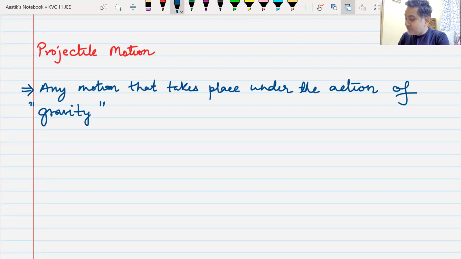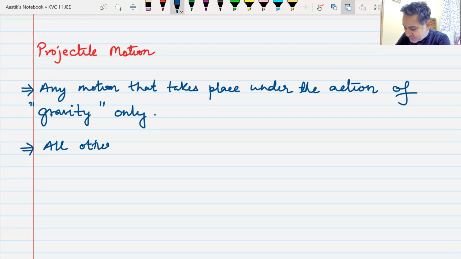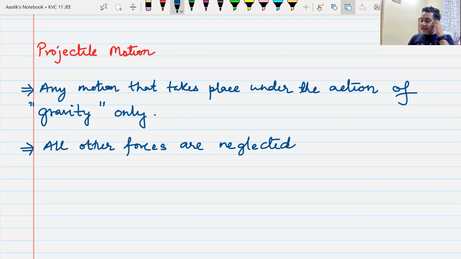Any motion that takes place under the action of gravity only is known as projectile motion. All other forces are neglected, even if they are present. Whenever we talk about projectile motion, the only force that acts on the body is gravitational force.